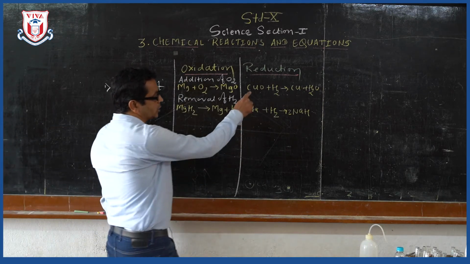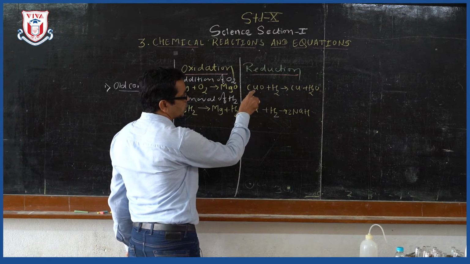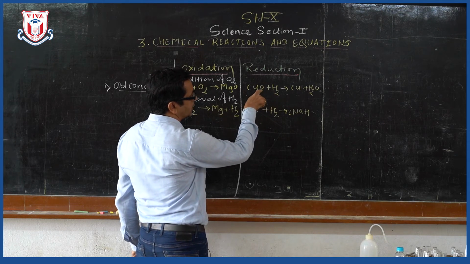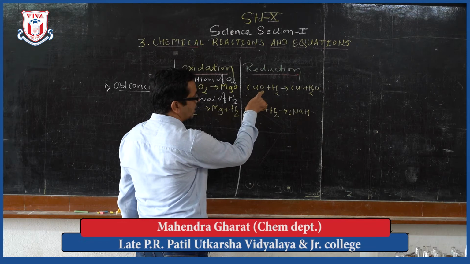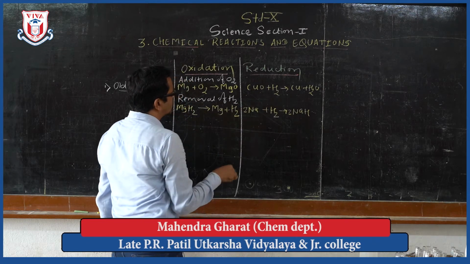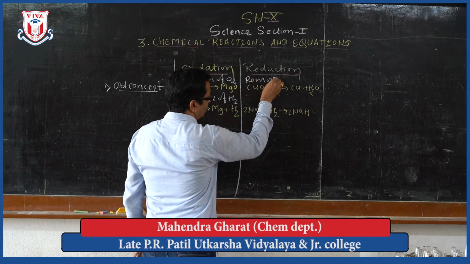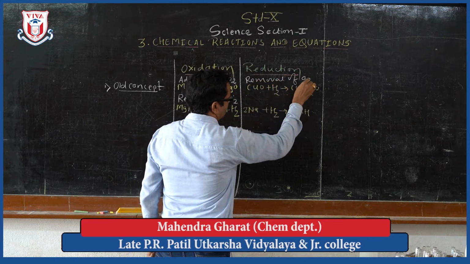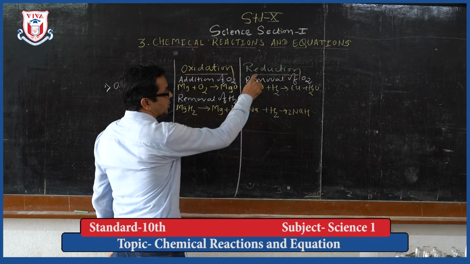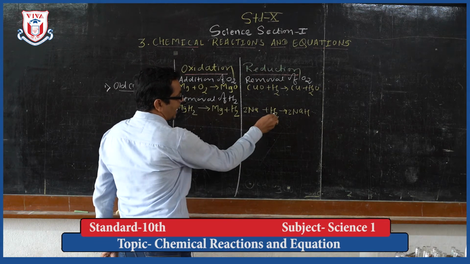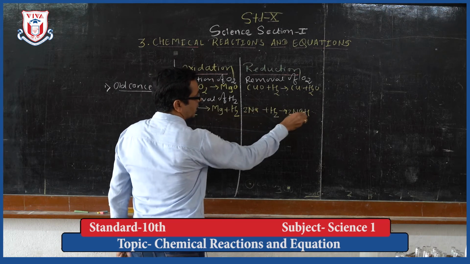In the case of copper oxide reacting with hydrogen, oxygen is removed from copper oxide. Since oxygen is removed, the removal of oxygen is called reduction. And here hydrogen is added to sodium to give sodium hydride.